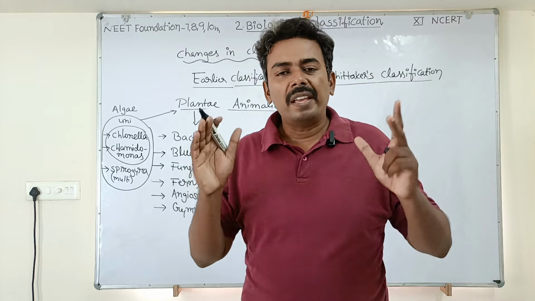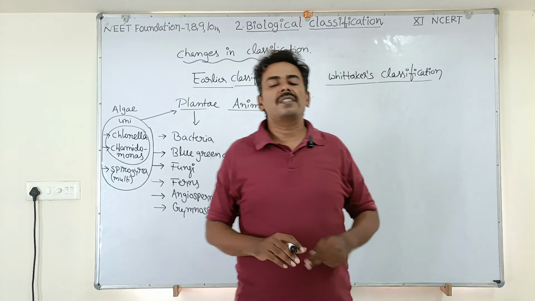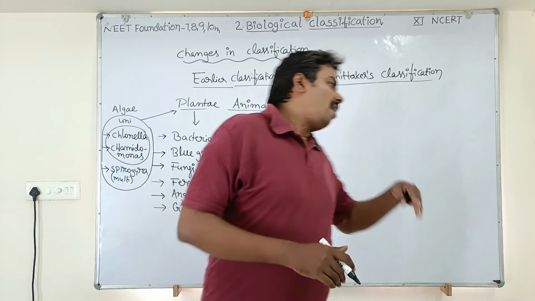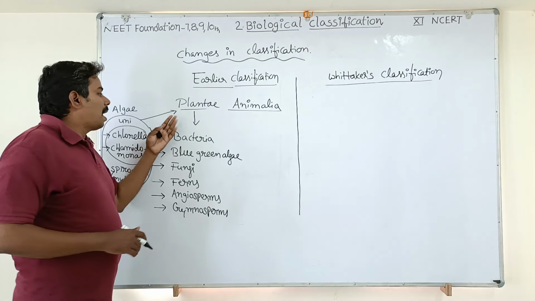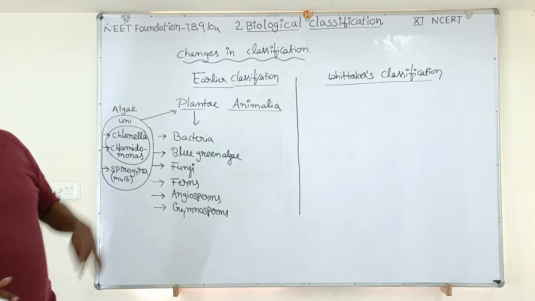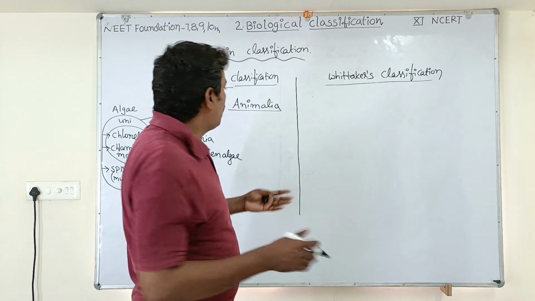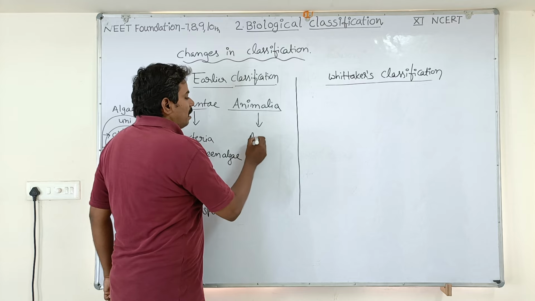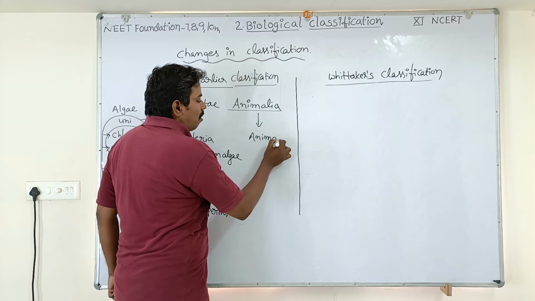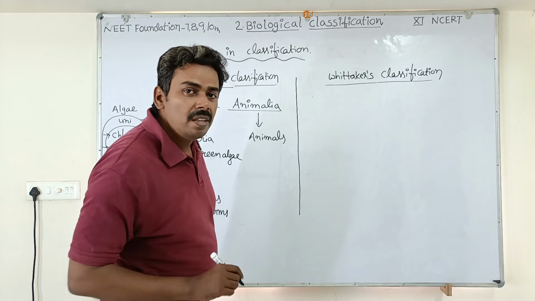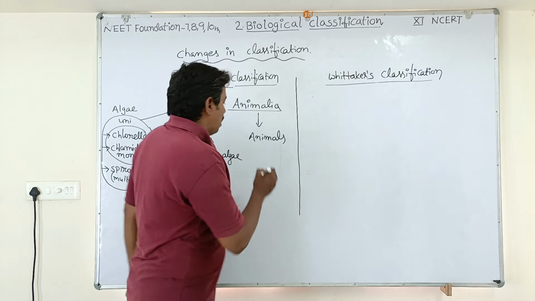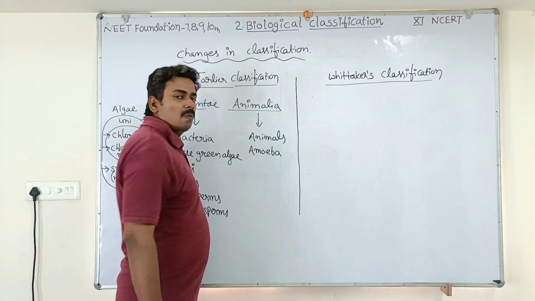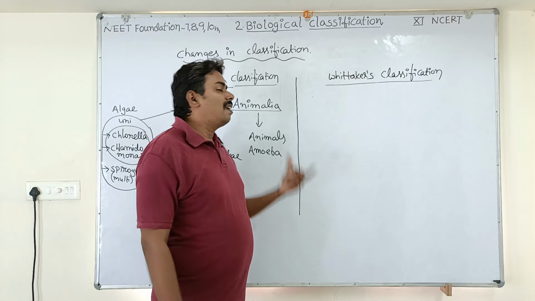After R.H. Whittaker proposed the 5-kingdom classification, the criteria of classification changed. So the organisms which earlier were placed under the plant kingdom had to move to their respective kingdoms. Similarly, the kingdom Animalia included all the animals and also unicellular organisms. Amoeba was also included under the animal kingdom. Why was amoeba placed under Animalia?